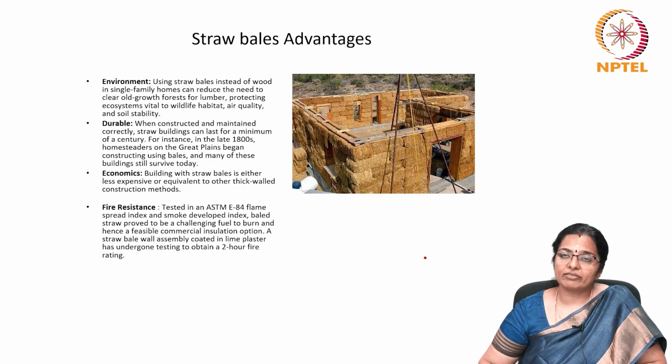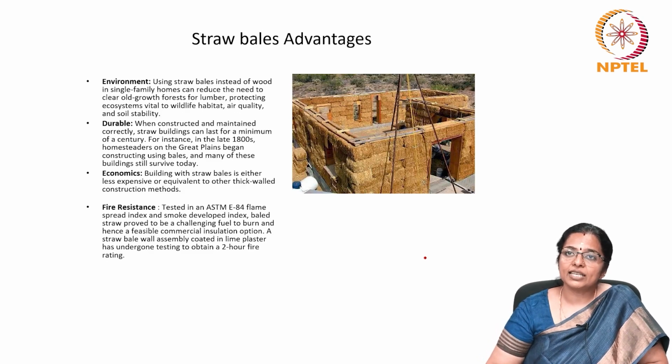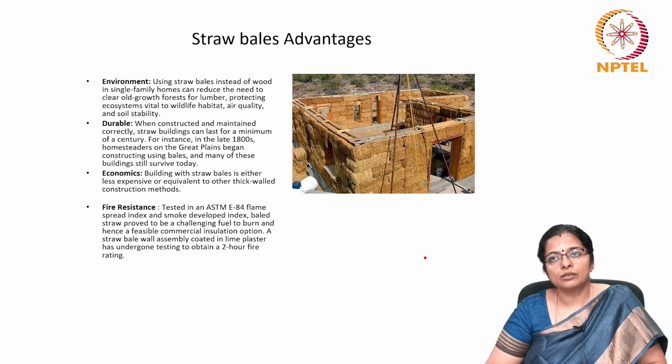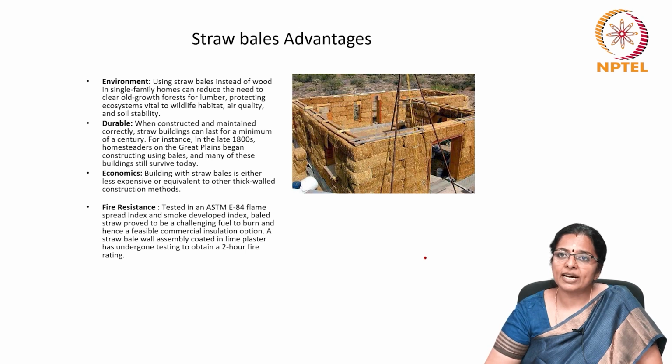Straw bale has several advantages. It has an environmental advantage. Using straw bales instead of wood in single family homes can reduce the need to clear old growth forests for lumber, protecting ecosystems vital to wildlife habitat, air quality and soil stability.